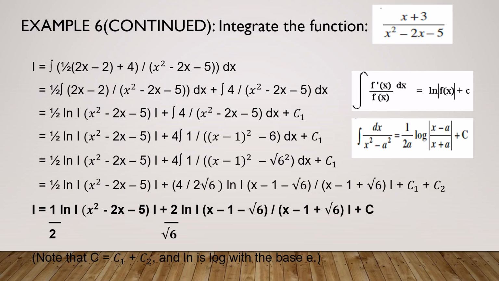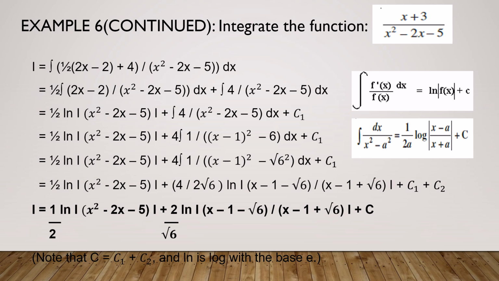Next, let us integrate this function. Now continuing with our function, we have to integrate half into 2x minus 2 plus 4 upon x square minus 2x minus 5. Separate the terms. First term is 2x minus 2 upon x square minus 2x minus 5. Now here our shortcut method becomes really easy. You could use any other substitution method, but directly use this, it will be very easy.